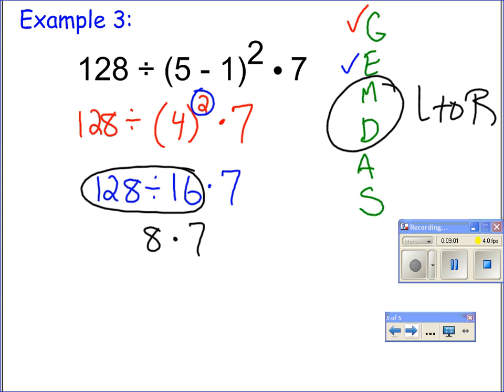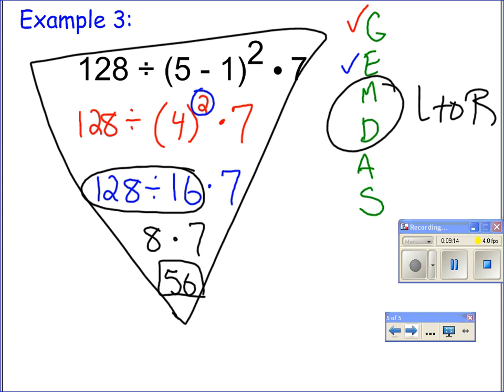We are going to rewrite the times 7. And then our last step is going to be to calculate 8 times 7, which is 56. Again, this problem also looks like an upside down triangle. The solution to example 3 is 56.